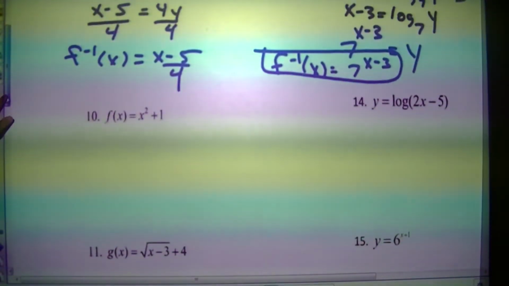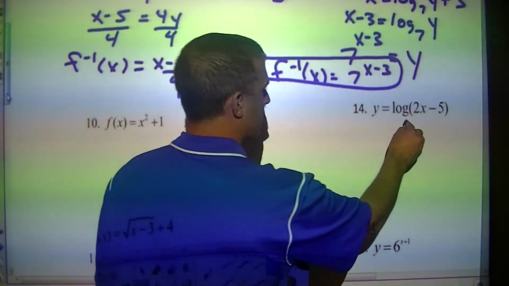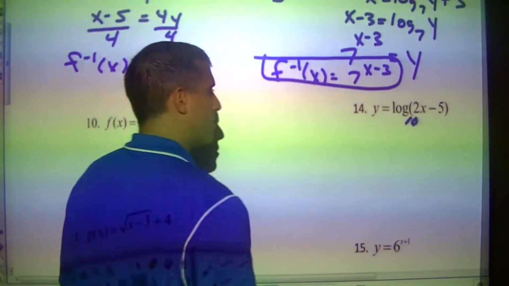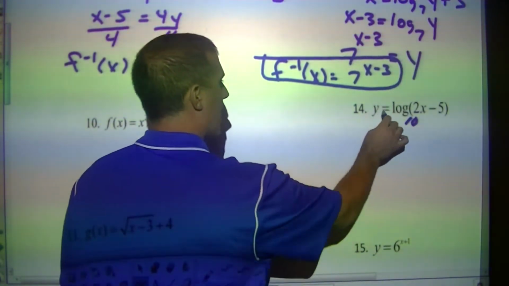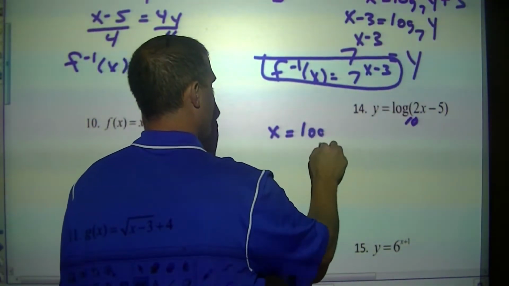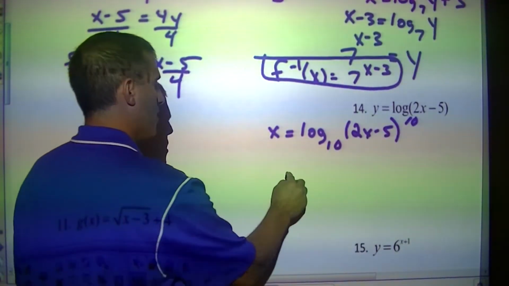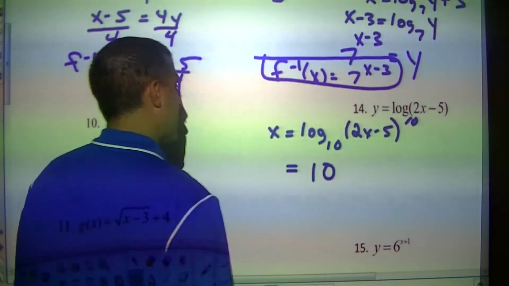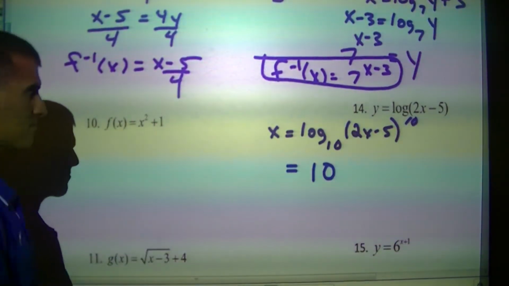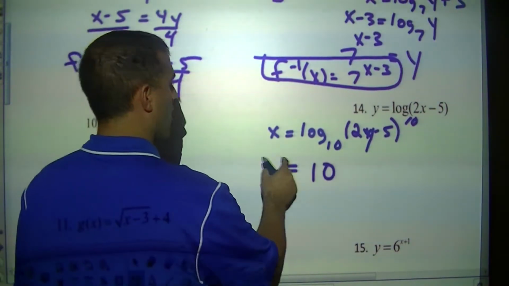Just moving down, let's stay with the log one real quick. So if what this is here, this is log base 10 if you don't see it. Okay, so what you have here is you have x equals, all right, log base 10, 2x minus 5, okay? Now, what's going to happen is the base of the exponential is going to be 10. All right. I'm sorry, this should be 2y. All right. This is no longer going to equal x.